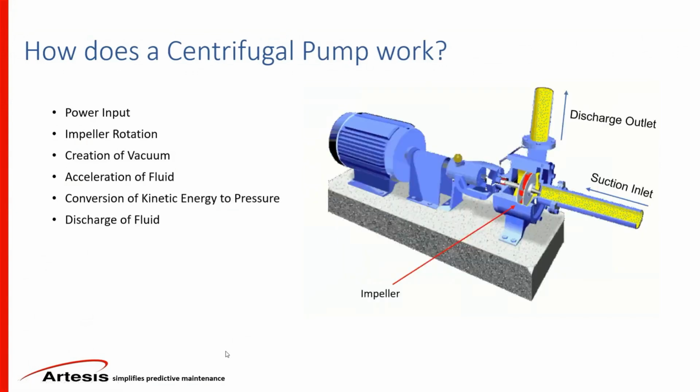Okay, so the centrifugal pump, of course, consists of a power input, which is the electric motor, or in some cases it would be a generator or even a diesel engine, which provides the power through the shaft to the impeller of the pump. With that, the impeller starts rotating, and then you create suction power, and that sucks the fluid that needs to be transferred from one location to another, and through the casing, you discharge the fluid through the outlet.